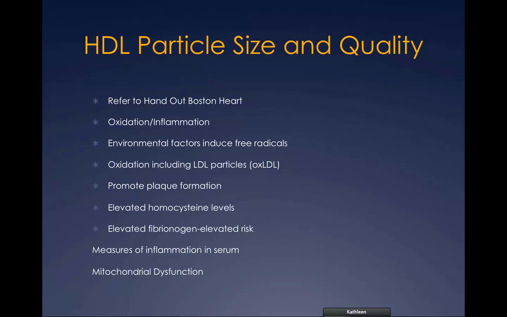And then there's also inflammation tests, which are high sensitive C-reactive protein, which are very, very sensitive. So if you have someone who has 4.7 high sensitive C-reactive protein, they're at high risk for cardiovascular event.